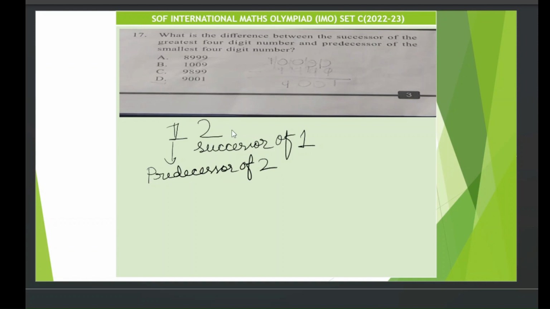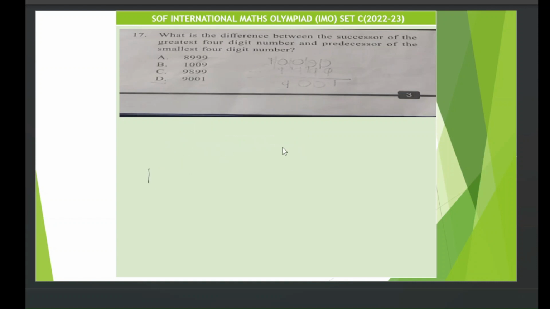Successor means what comes after something, and predecessor means something that precedes or comes before something. Like here, 1 is the predecessor of 2 and 2 is the successor of 1. Now if this is clear, we will solve this question very easily. If this is not clear, then we might get confused about how to answer this question.